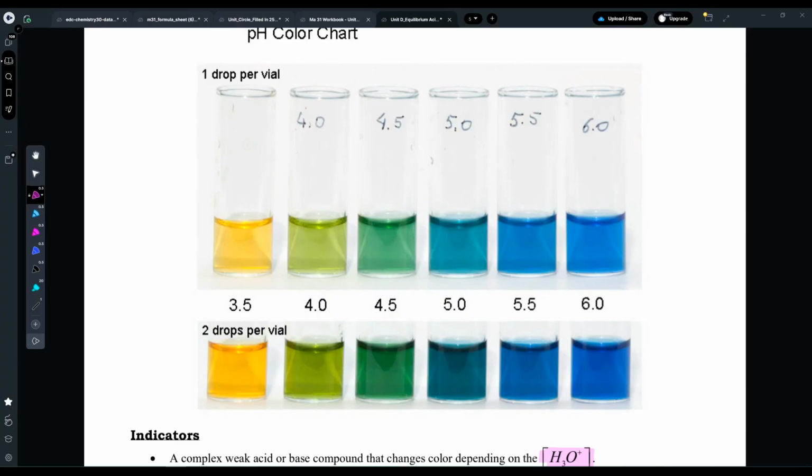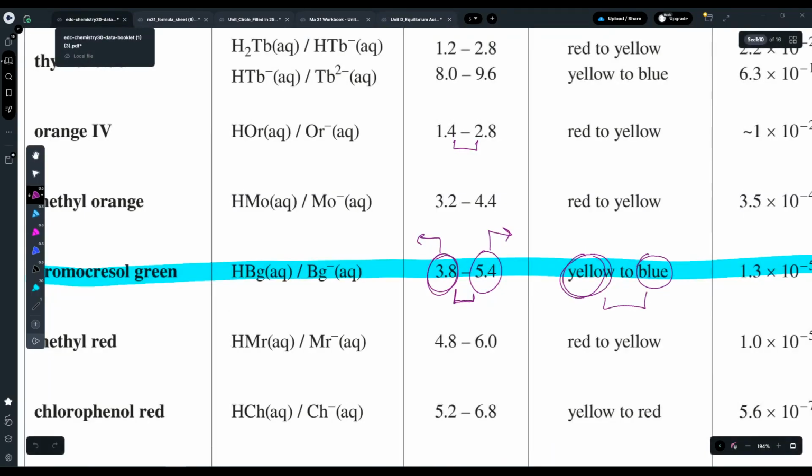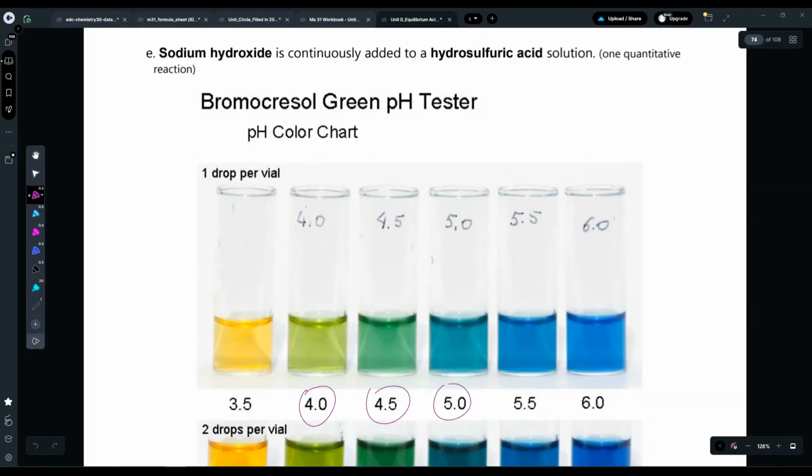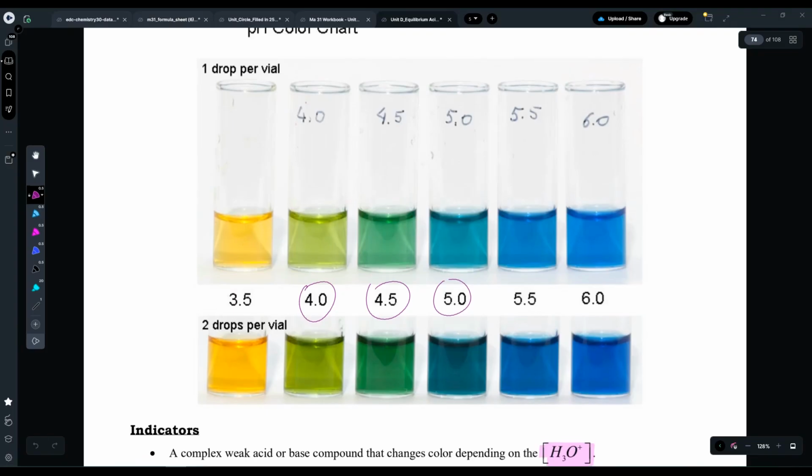Now for the next few here, looking at our table, at a pH between 3.8 and 5.4, we can expect bromocresol green to be varying shades of green, which is what we see for these next three.